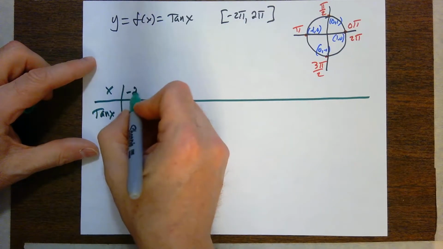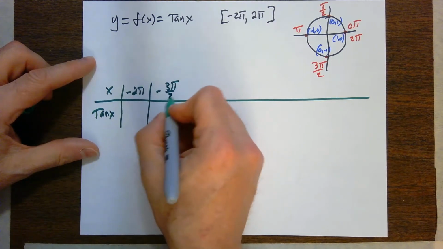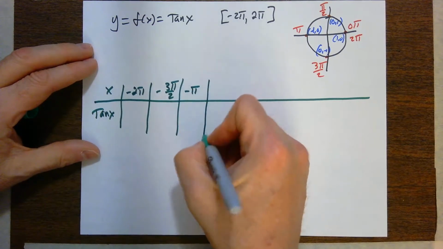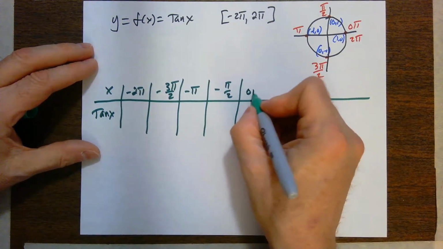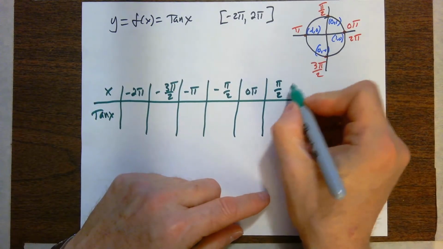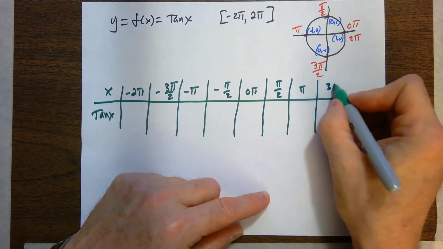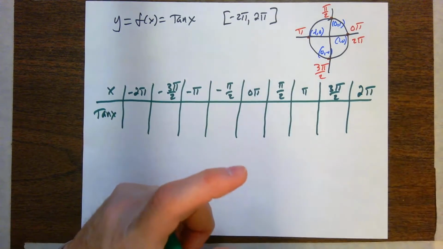So negative 2 pi, negative 3 pi over 2, negative pi, negative pi over 2, 0, positive pi over 2, positive pi, 3 pi over 2, and 2 pi.